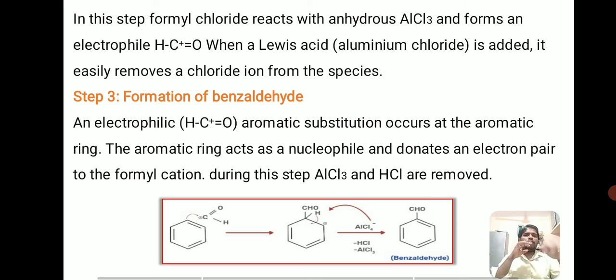That is, an attack of an electrophile on the benzene ring takes place. The aromatic ring acts as a nucleophile here and donates an electron pair to the formyl cation, that is the electrophile. During this step, AlCl3 and HCl are removed so that the formation of benzaldehyde takes place.